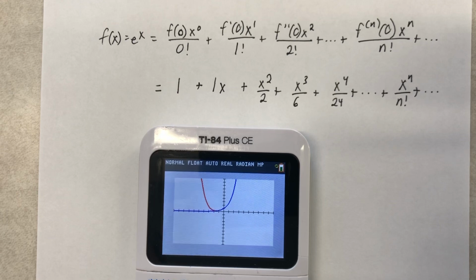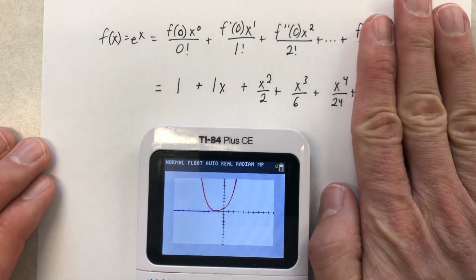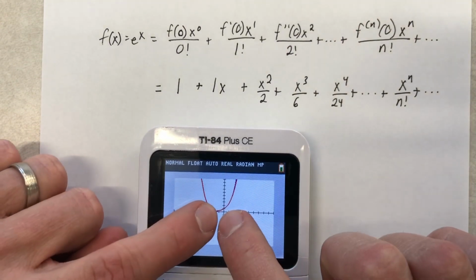All right, now I say they should be pretty close. And they're not, okay? They're not here, but that's the point. We only did up to this, but look here where it's centered.